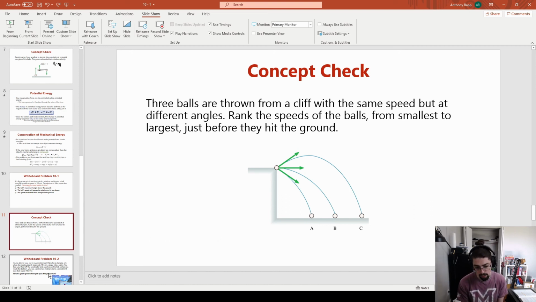So, here's what I'm thinking. In all 3 cases, I start with a potential energy mgy. In all 3 cases, I start with a kinetic energy 1/2 mv squared.